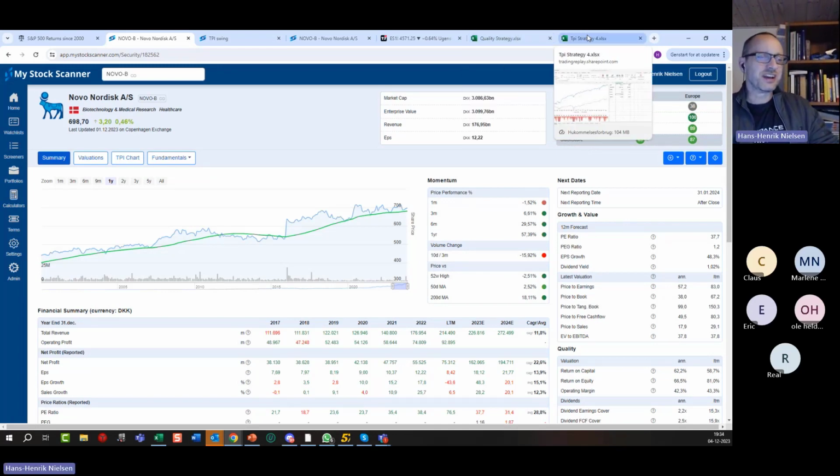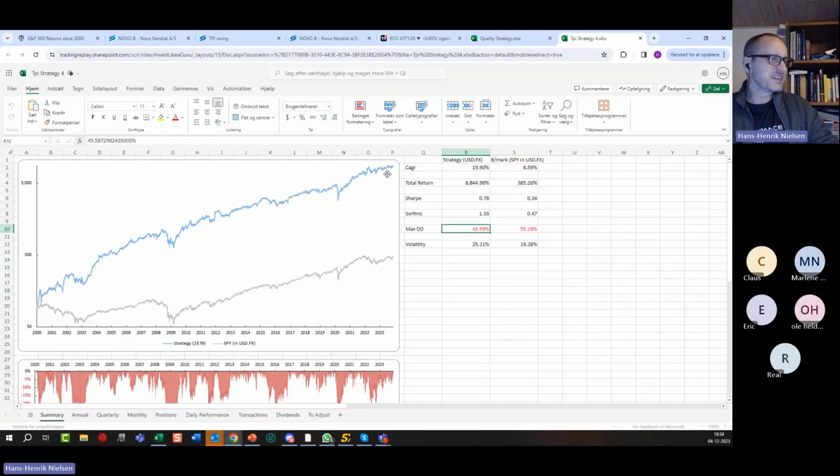Now, I have a strategy here that has been built, and as I said, it is tested back to 2000. It seems like it is working just as well earlier, but we just have better data from around 2000. And what we can see here is that this TPI strategy is 100% rules based and is only in the largest US stocks from the S&P 500 and Nasdaq, meaning that even though we tell this strategy to 10,000 people and they all trade it, it wouldn't affect the strategy much because it's just such a very, very huge market.